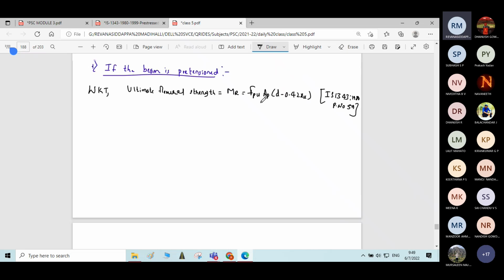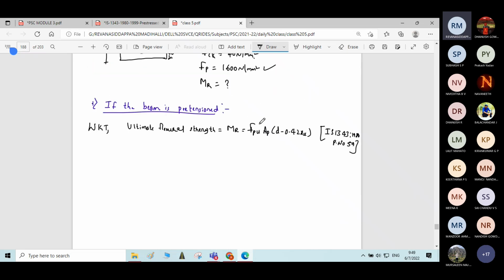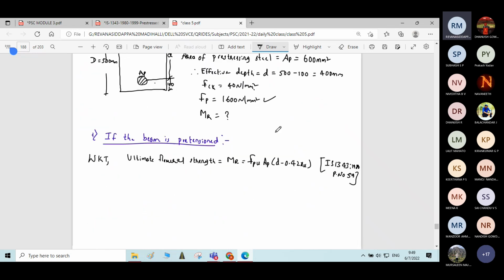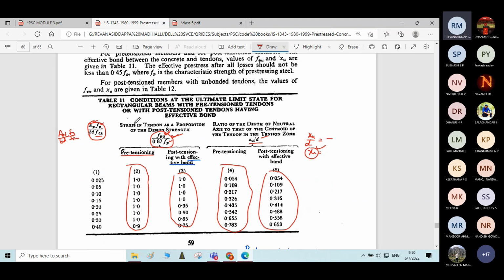Okay. Now we have to find the value of fpu. Ap and d are known, effective depth is known. Area of pre-stressing steel is also given. How much is it given? 600 mm square. We need the value of fpu and xu. To find the values of fpu and xu, we have to utilize table 11.